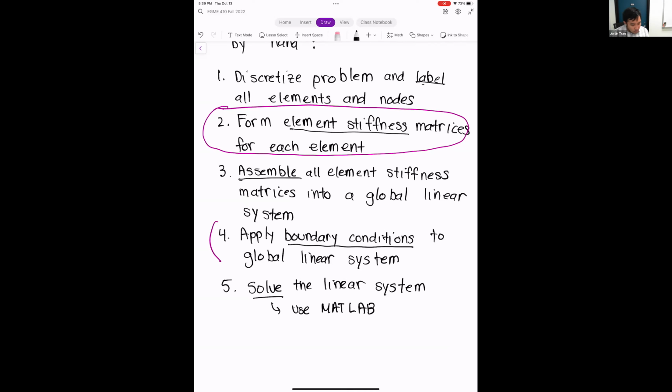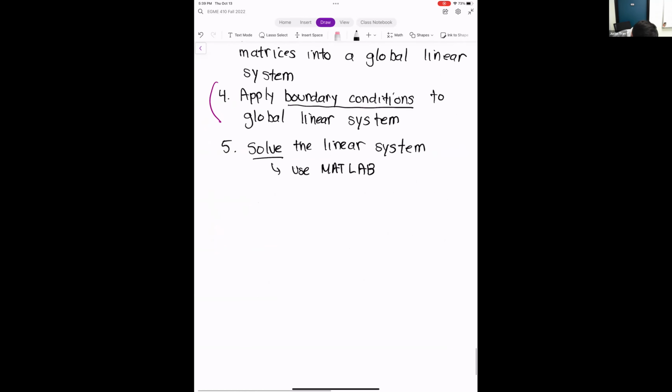All right, so let's do an example here where we can see this in action. Let's consider the following system of springs. We're going to have a fixed wall here on the left.